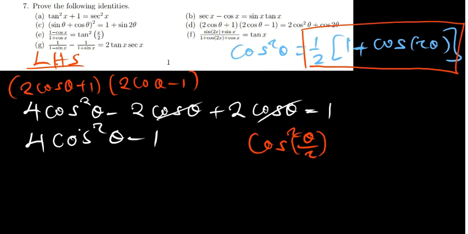Now the angle there is going to be just theta. This is going to be half 1 plus cos theta, because the 2 has disappeared, because I've divided the angle by 2. This is another identity which you have to know. Where there is cos theta over 2, you can replace it with this.